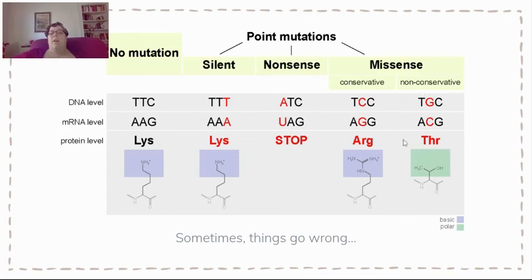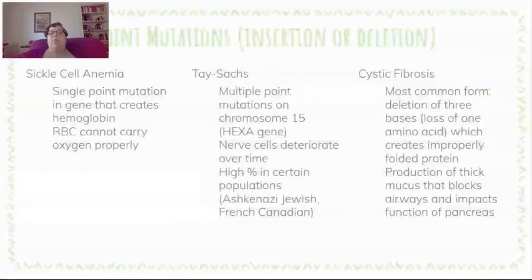And these non-conservative missense kinds of mutations and these nonsense kinds of mutations can have some very drastic effects on organisms. For example, sickle cell anemia, Tay-Sachs, and cystic fibrosis are all genetic disorders that come from single point mutations.